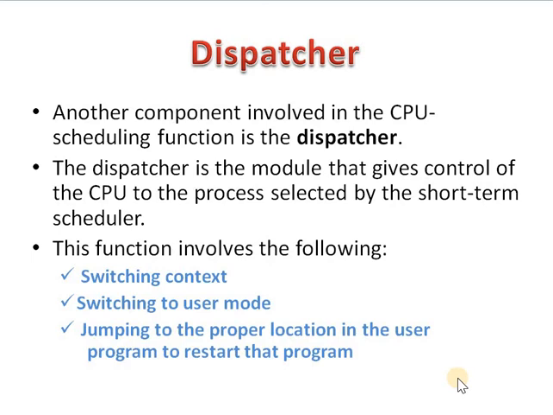This procedure of selecting a process among various processes is done by the scheduler. Once the scheduler has selected a process from a queue, then the dispatcher comes into the picture. Whenever a scheduler selects a particular process for the execution, then after that the dispatcher function arises.